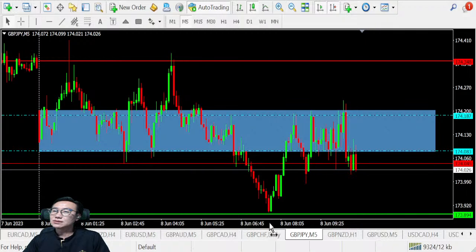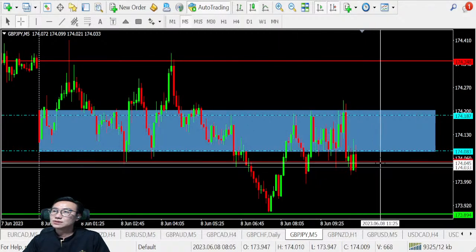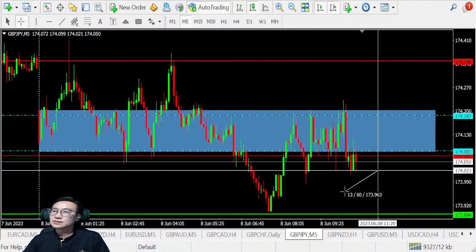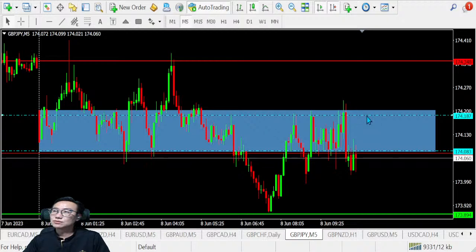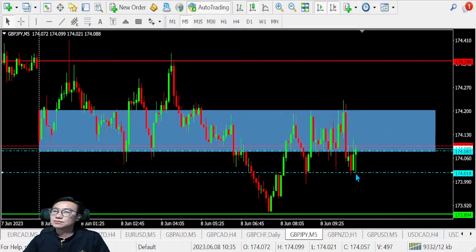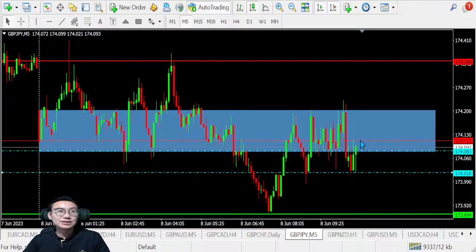Pound yen looks like it's going to take the low as well. Okay, guys, we have about 12 pips down there. However, we also have a support here, so please take note. Can you see? It hits on the support, and it got retraced upwards now.